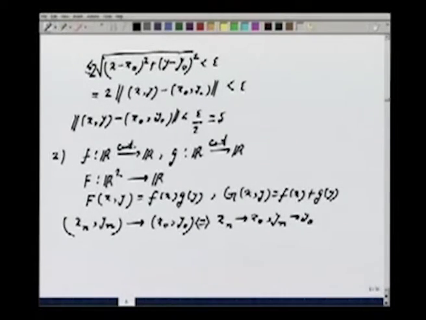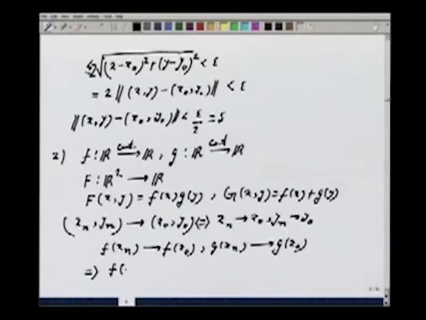Since little f and little g are continuous functions, I have that f(xn) converges to f(x naught), g(yn) converges to g(y naught). But then again, by a result on sequences, I get that f(xn) times g(yn) converges to f(x naught) times g(y naught).